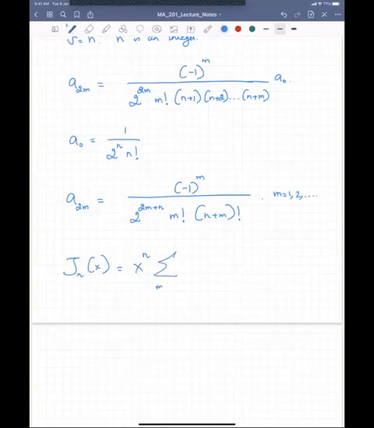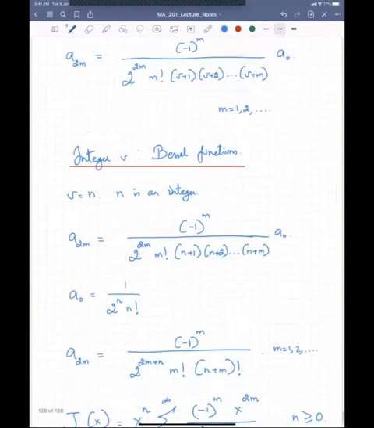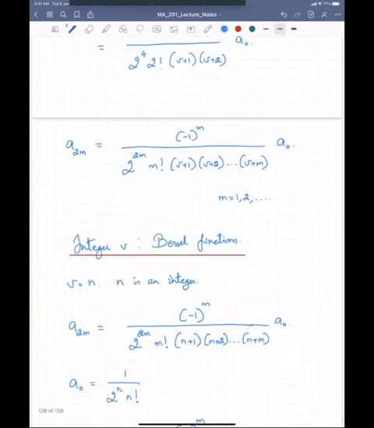And summation m goes from 0 to infinity, minus 1 to the m, x to the 2m, because only the even coefficients survive, divided by 2 raised to the power 2m plus n, m factorial, n plus m factorial. I'm going to assume that n is a positive integer, so here also nu is greater than or equal to 0.